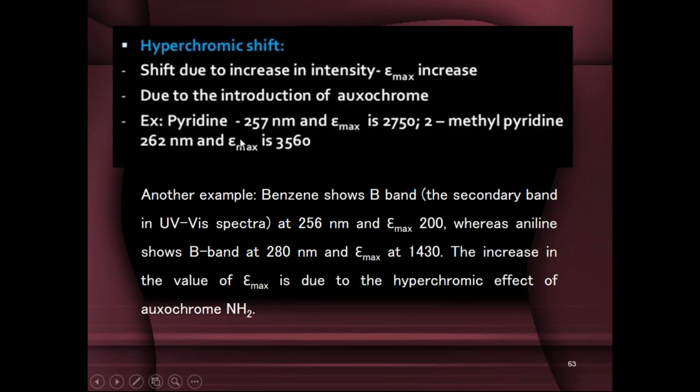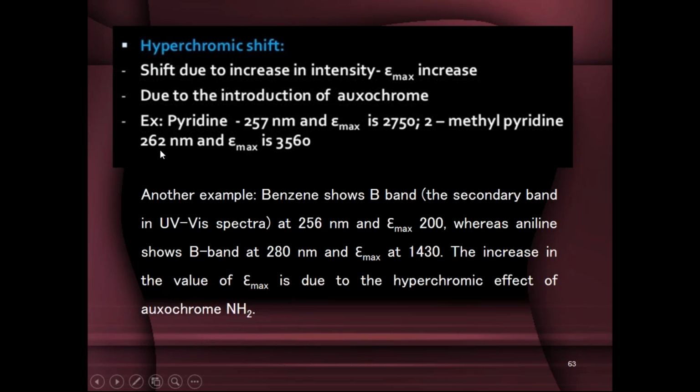For example, pyridine. 257 nanometers, this is the lambda max or the wavelength of maximum absorption, and epsilon max is 2750. Now you introduce the methyl group, 2-methyl pyridine. So you're introducing the oxochrome, that is the methyl group.